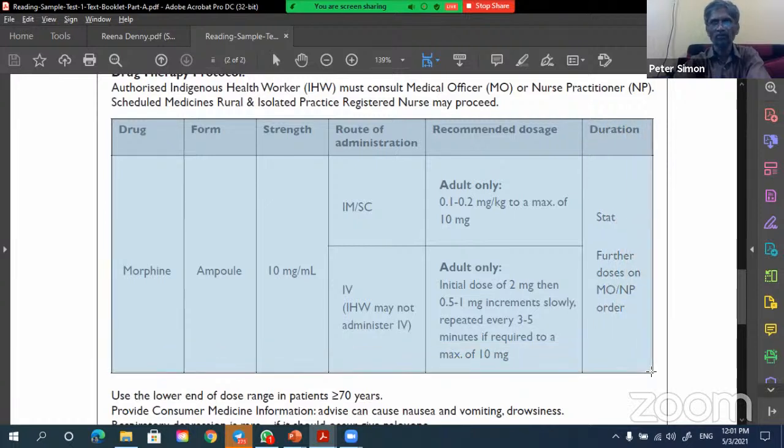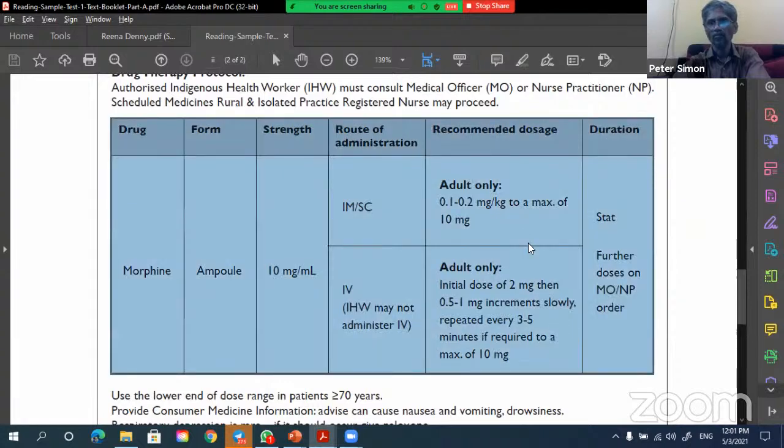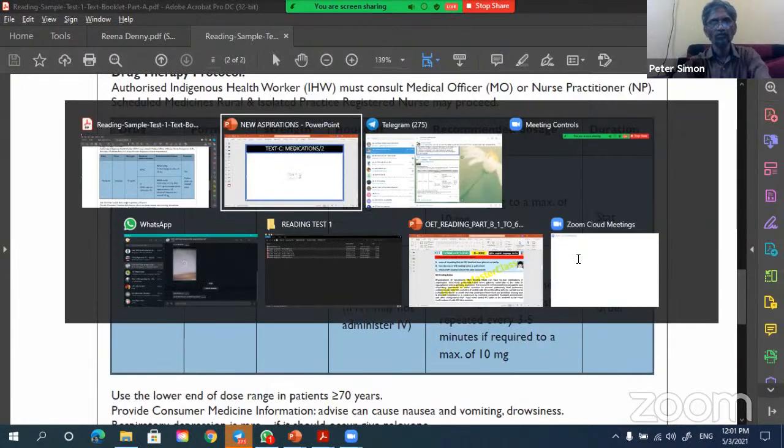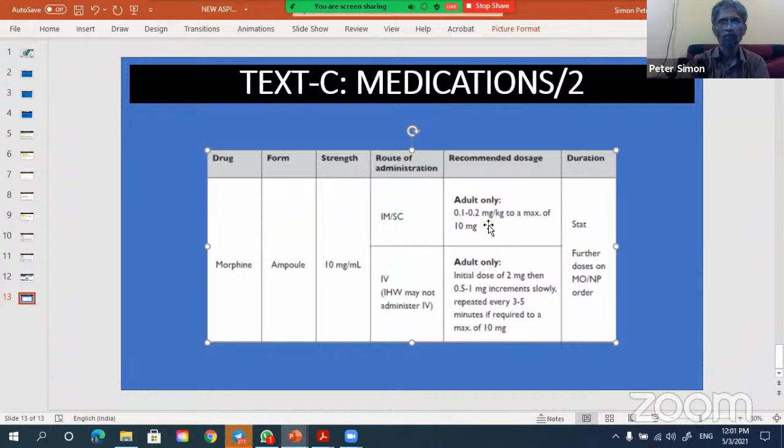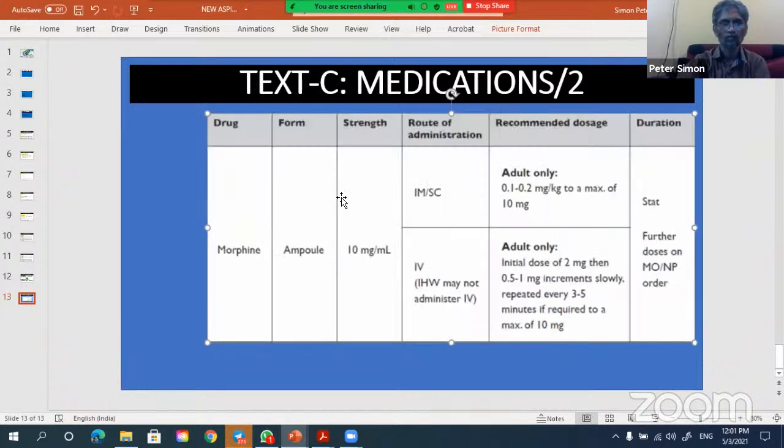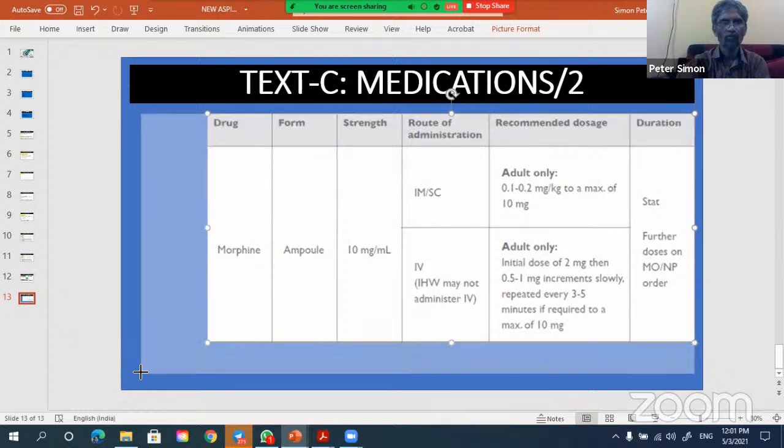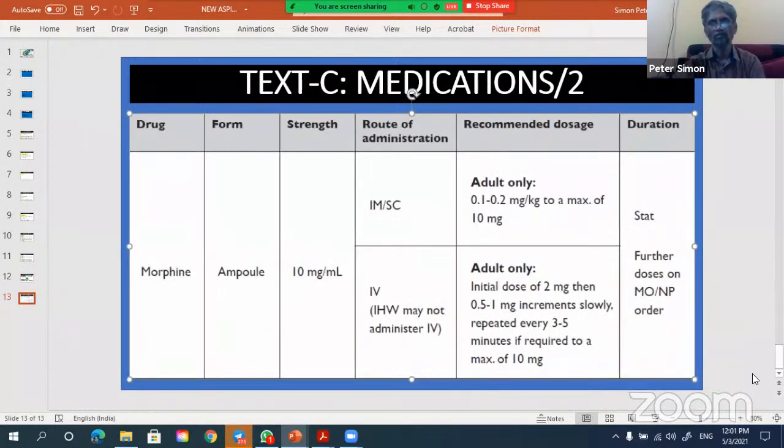So I am giving you the table. Copy and paste. Yeah, that would be fine, I think.